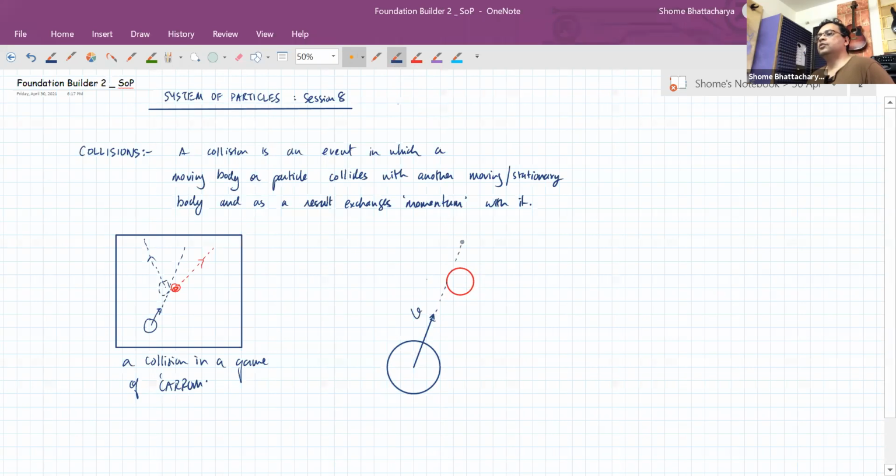It might so happen that the velocity vector is not aimed at the center of this. In such a case, when they collide, when they come in contact, the situation between them will look like this, whereas this one's velocity vector was along this sort of a line.